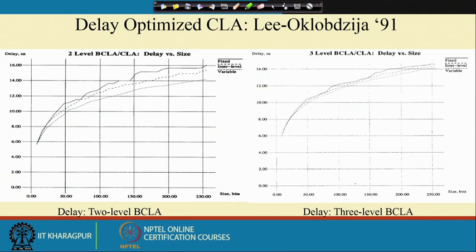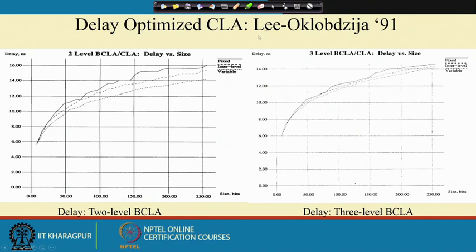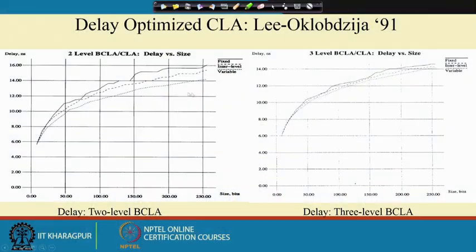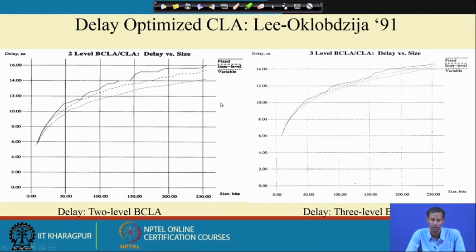But whenever we consider lesser fan in gates, whether 2 or 3, I get more savings in terms of critical path or delay. Though we have increased the levels, the gaps are almost the same for 2 levels or 3 levels.